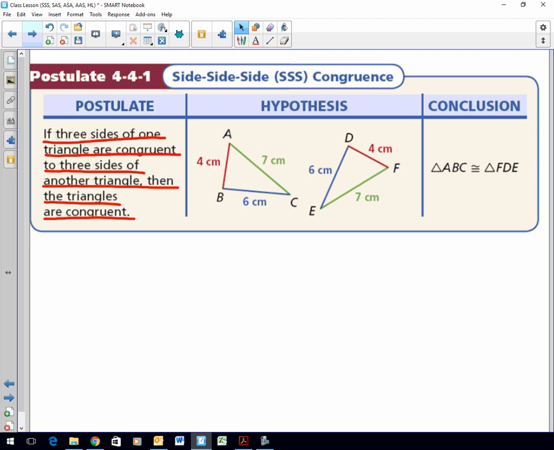If three sides of one triangle are congruent to three sides of another triangle, then the triangles are congruent. Big difference between proportional and congruent, right, guys?